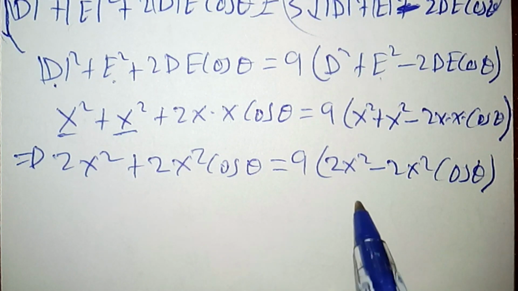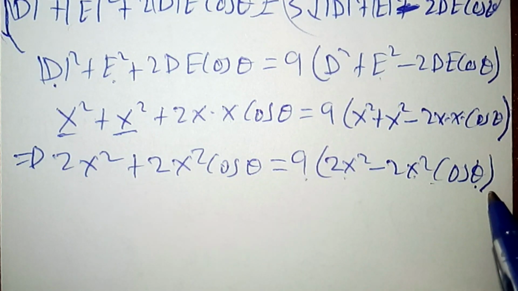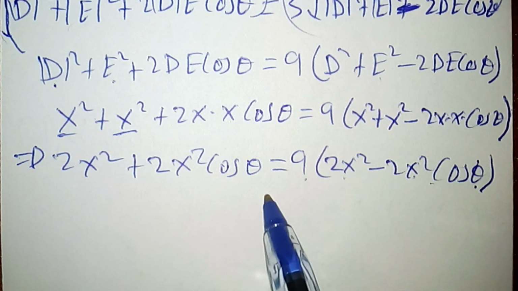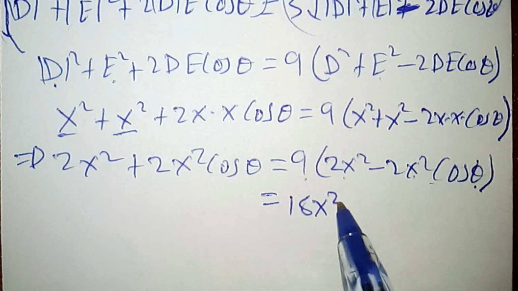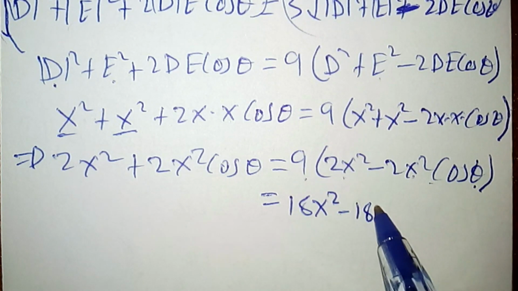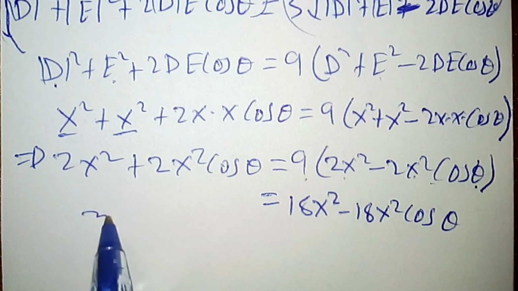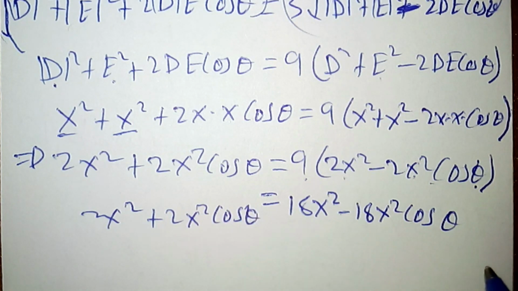I multiply these together, and this is equal to 18x squared minus 18x squared cos theta, which equals 2x squared plus 2x squared cos theta.